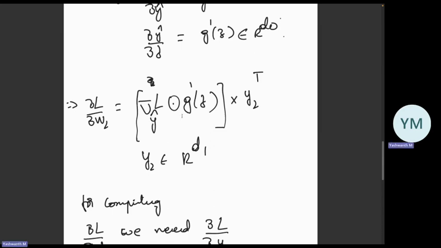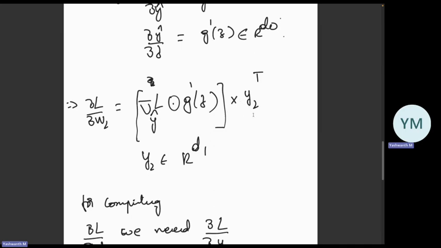If you remember, this is an element-wise product, and gradient of L with respect to y hat lies in D0 space, and gradient of y hat with respect to Z also lies in D0 space. So their element-wise product also lies in D0 space, and by its structure we end up doing the outer product with Y2.